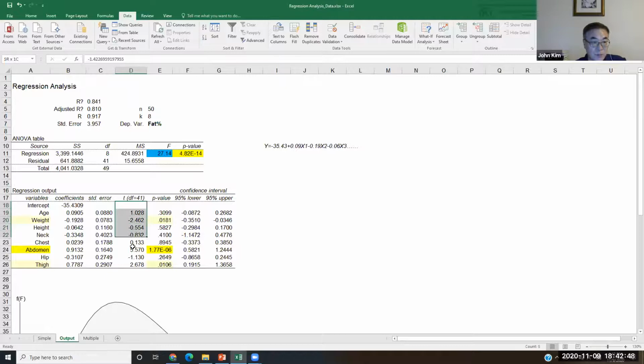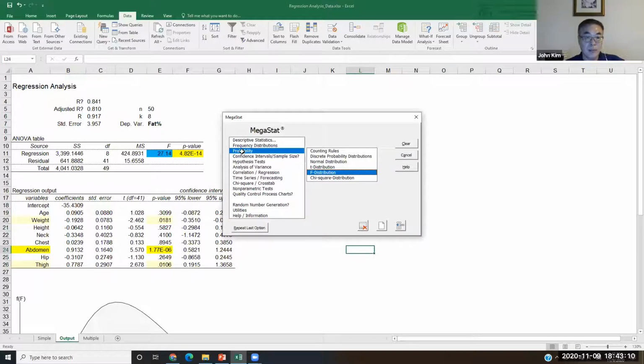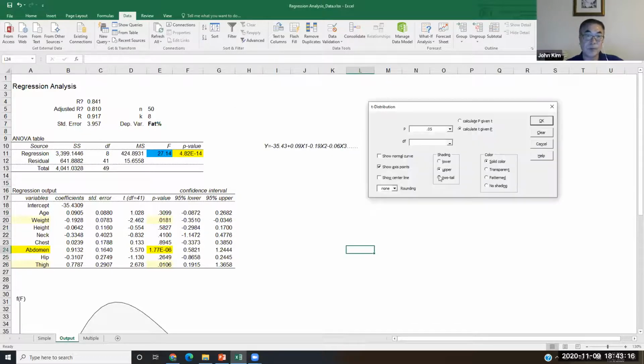So this column is the test statistic for each X variable. And then we need the critical value. To find the critical value, again, MegaStat, and then probability and T distribution. The same significance level, alpha is 0.05. Then this one asks for degree of freedom.